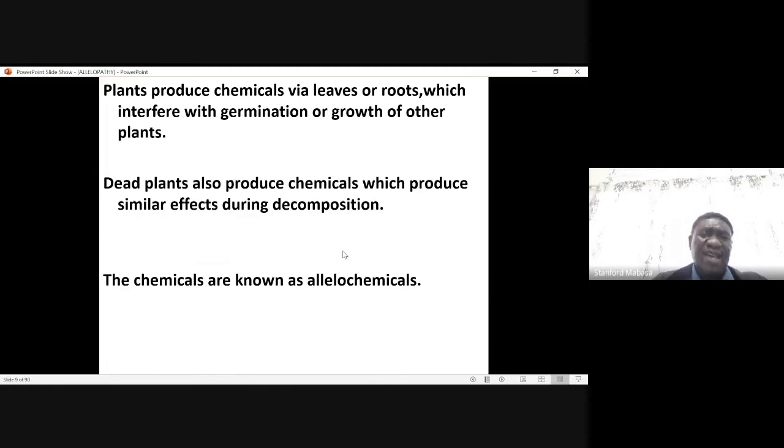Now, when the plants die, they can decompose and produce allelochemicals, which can also cause interference with the germination and the growth of other plants. And these chemicals, we call them allelochemicals.